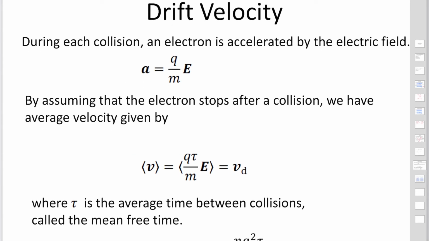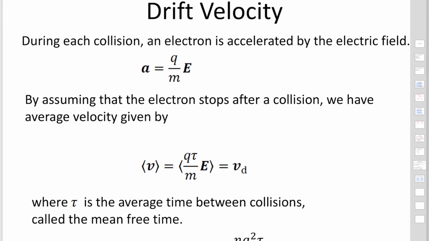The drift velocity, how can you find it? Before the collision with the ions, the electron is freely moving, accelerating under the electric field. The acceleration of the electrons can be obtained from the equation of motion. m is the mass of the electron, and m times acceleration equals F. F is the force acting on the electron, equal to q, the charge, times the electric field.